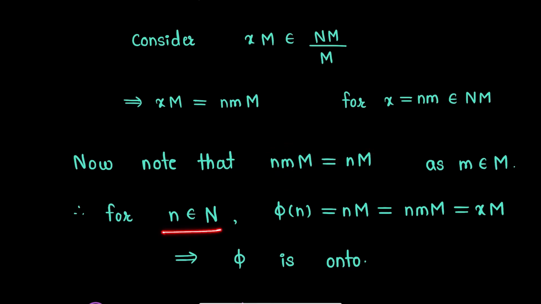Now, for n in subgroup N, we have phi of n will be equal to, by definition, this nM coset, which is again equal to coset nmM, and which is equal to coset xM, which is any element of NM over M. So here we get, for any arbitrary element xM in quotient group NM over M, there exists an element, say n in subgroup N, such that phi of n is equal to coset xM in this quotient group, and thus the map phi is onto.